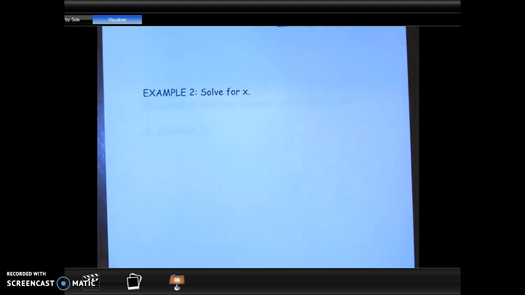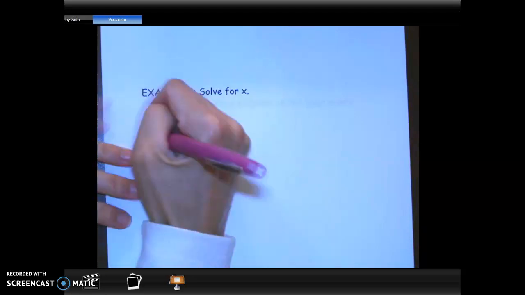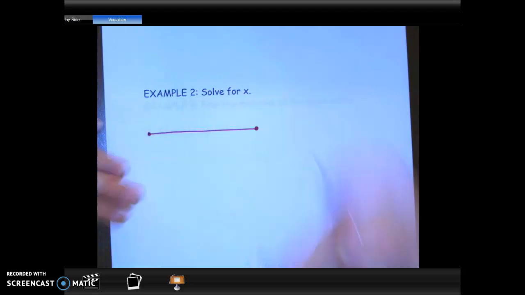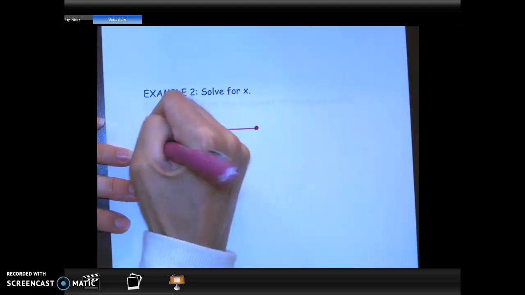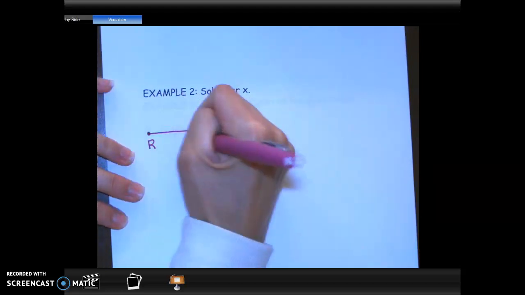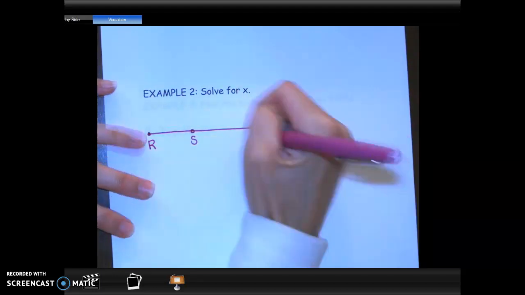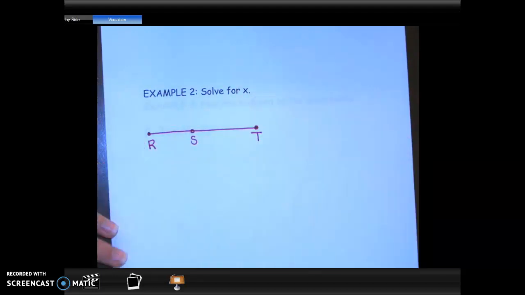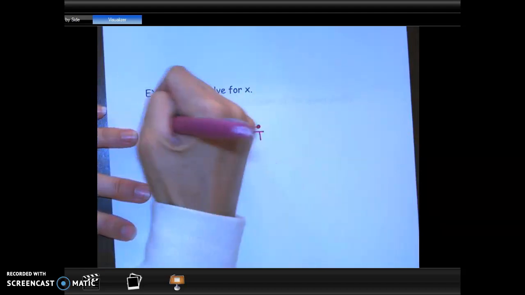All right, now let's practice another one. We're going to do some problems where it's like solve for x. So let's do an example of that. Okay, here's what we know.